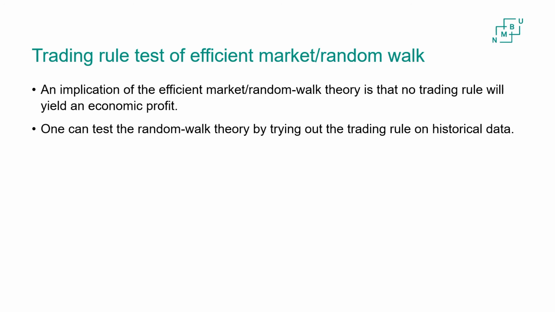The last test we're going through is probably the most interesting one, and that's the trading rule test. So if you can devise any trading rule that generates an economic profit from this price process again and again, then you're in effect falsifying the market efficiency hypothesis.